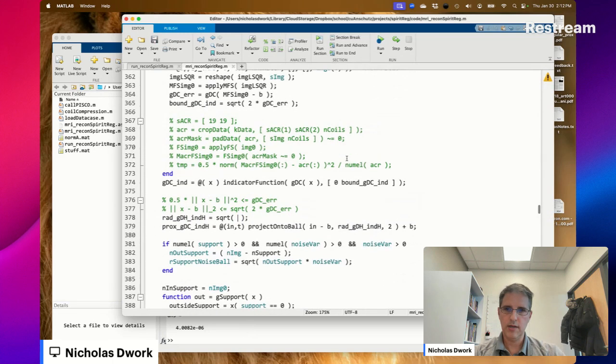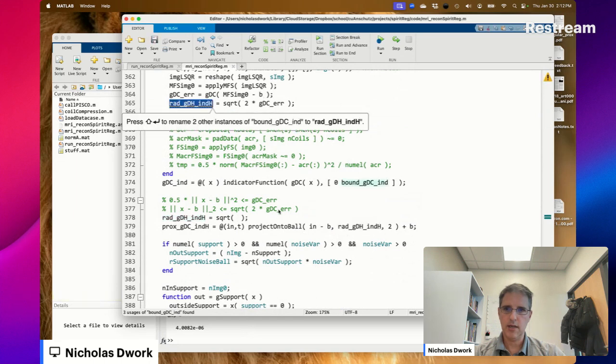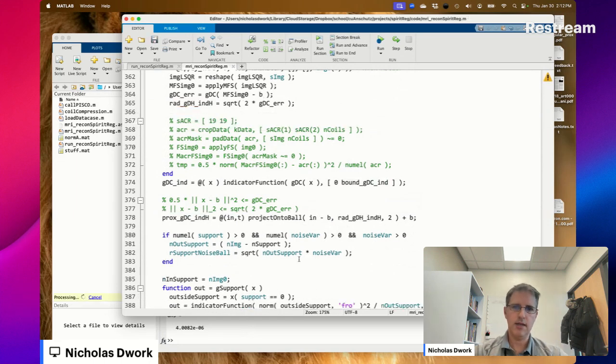Noise var. Oh, it's this rad that we're calling this. Okay. So we don't need that. This rad is the radius of the ball that we are projecting onto.